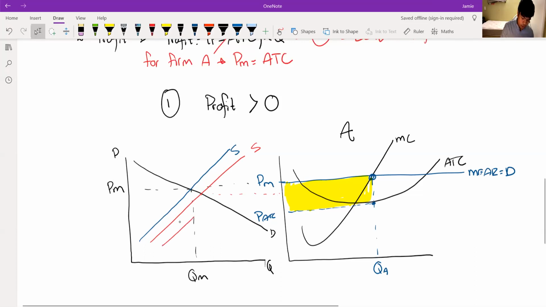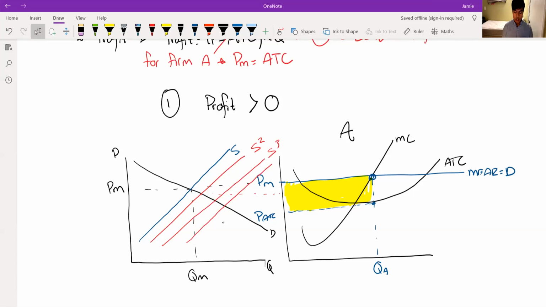So firms are going to keep entering the market until they see that the profit is equal to zero. And where is that going to occur? Well, one thing I want to note is that these perfectly competitive firms have almost identical cost structures.